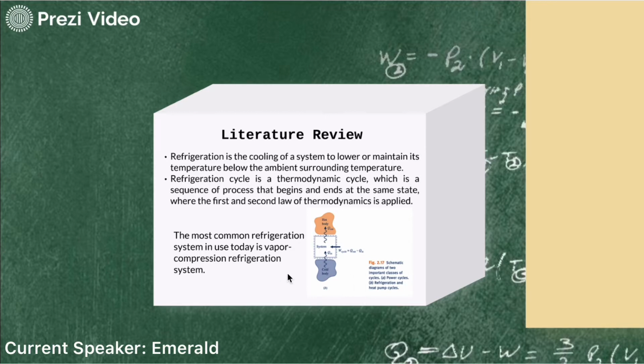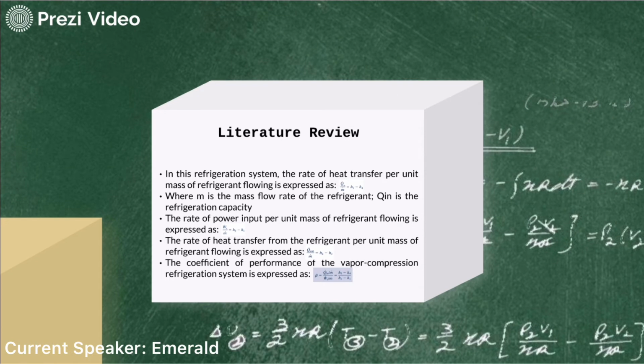In this diagram, it is shown how heat transfer works in the refrigeration system in general. I'm not going to mention one by one what the formulas are, but there are some formulas that are needed to analyze the refrigeration cycle.